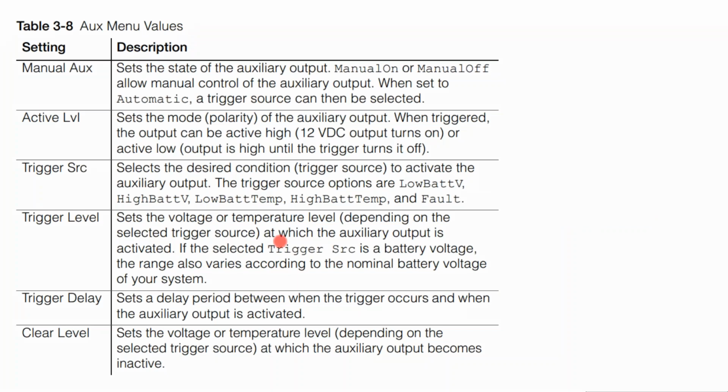So for example, you got state of charge triggers based on high battery voltage, low battery temperature, low battery voltage, high battery temperature. Obviously high battery temp, low battery temp, well, that's when you'd want to turn on a heater or turn on an air conditioner. Low battery voltage is when you'd want to turn on a generator.